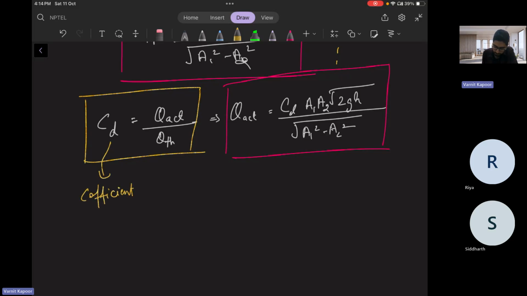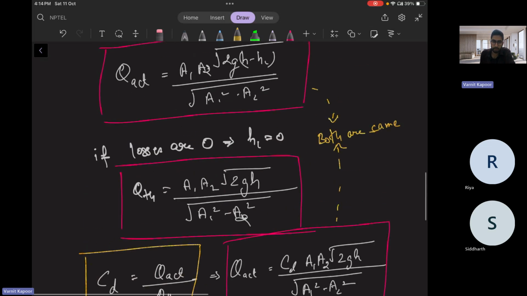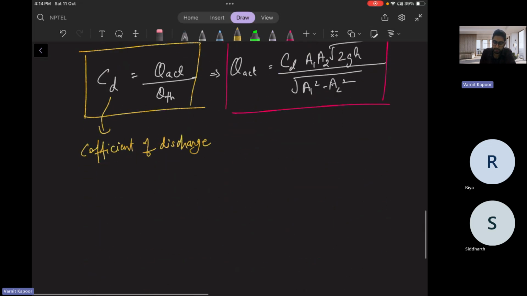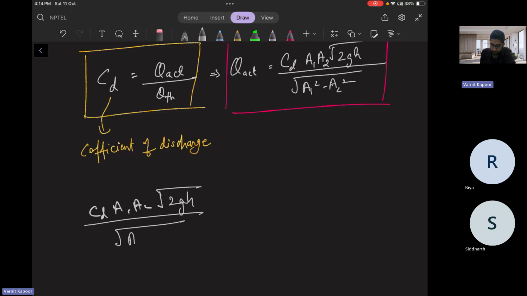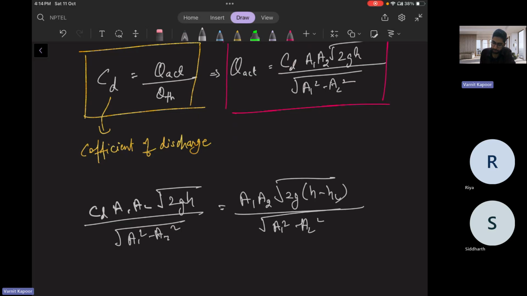Coefficient of discharge is the ratio of actual to that of theoretical. If both are equal, let us compare both. So from here we will get the CD value also. CD A1 A2 root 2GH by under root of A1 square minus A2 square is equal to A1 A2 root of 2G H minus HL by under root of A1 square minus A2 square.